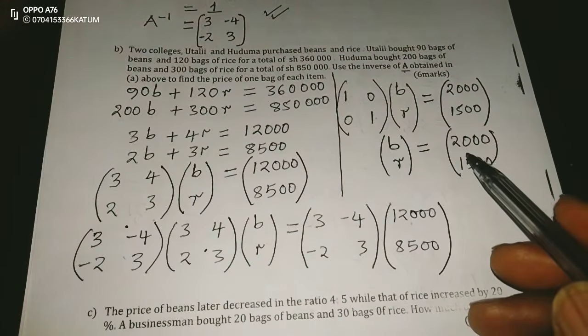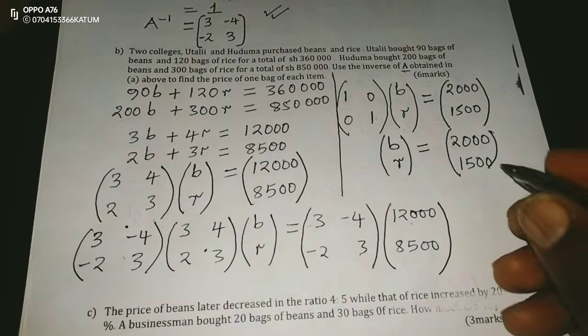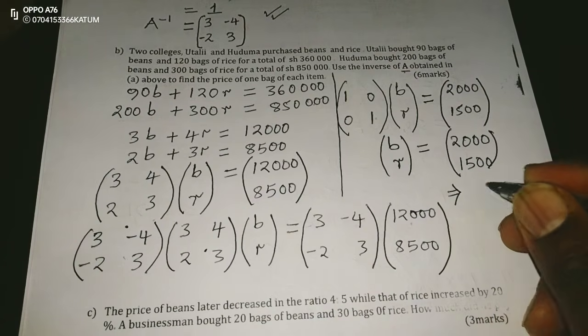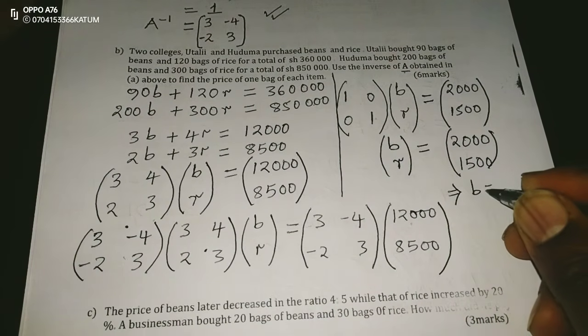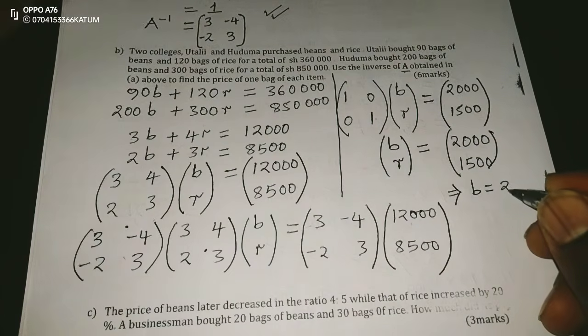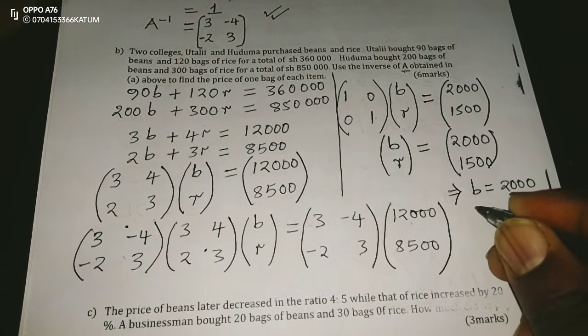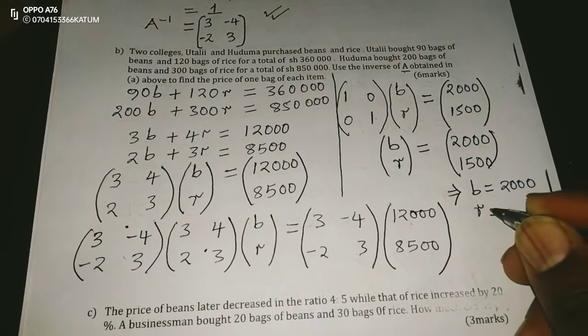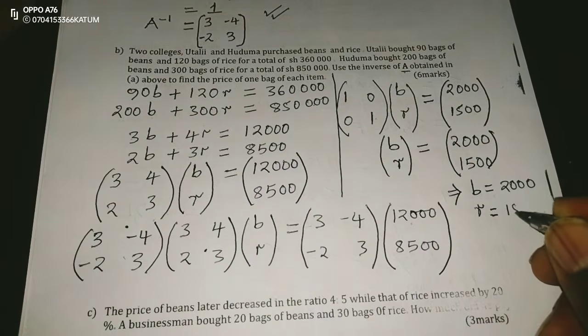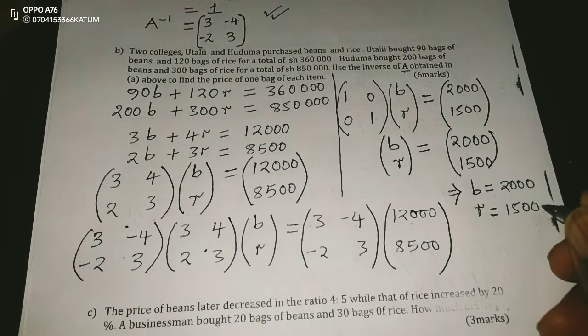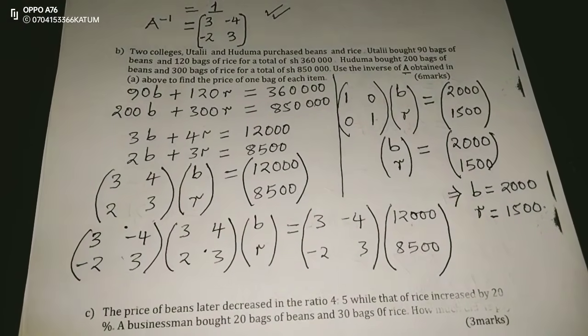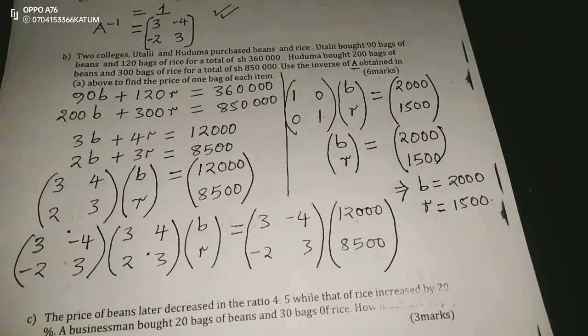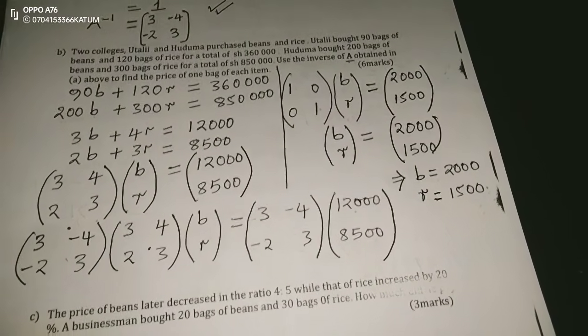Therefore, that is the end step, whereby we should now conclude that B, the price of a bag of beans, is 2,000, and R, the price of a bag of rice, is 1,500. So that is how we obtain the price of one bag of each item.